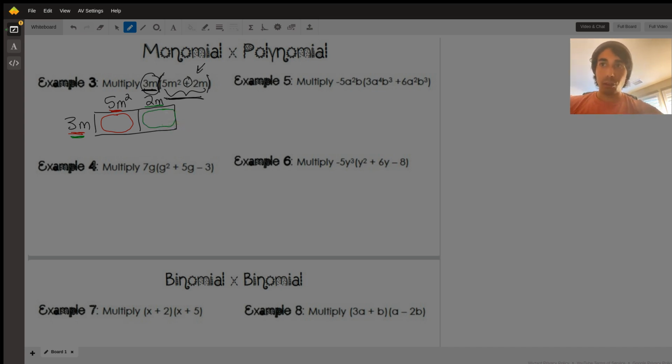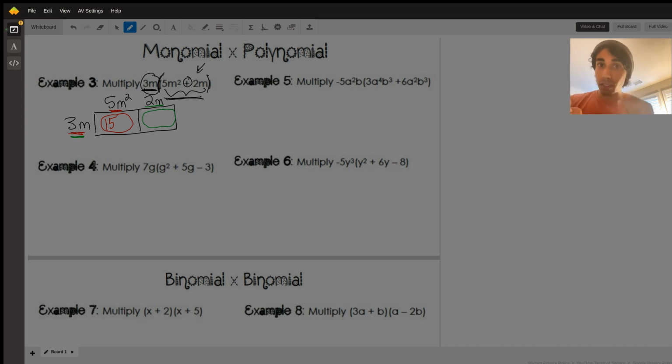Okay, so 3m times 5m squared. First thing we're going to do, multiply those coefficients. That's those numbers out in front, right? The 3 and the 5. So 3 times 5 gives us 15. Then we're going to multiply the variables, those letters together, right? Remember, when you're multiplying the variables, you're adding the exponents.